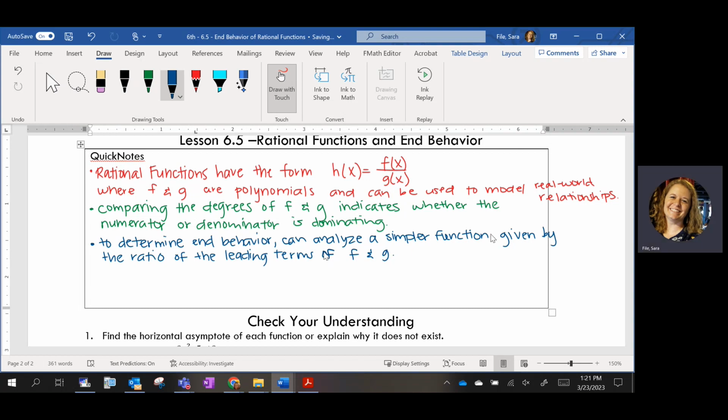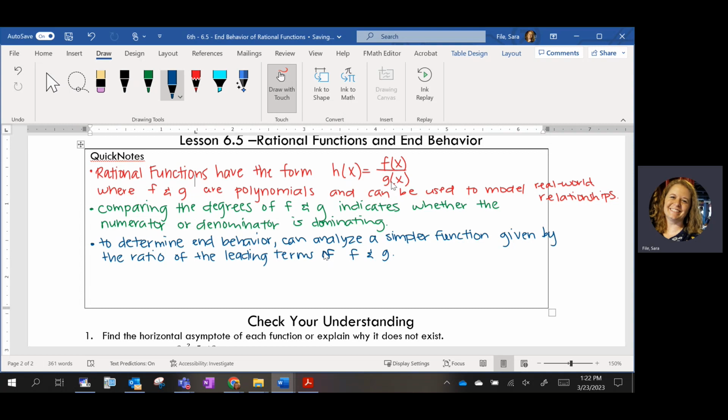Okay, so that takes it back to what we talked about in 6.4, the leading term test for polynomials. We're looking at, is it even or odd degree, and is it a positive or negative coefficient? So what this is saying is that for a rational function, we can simplify this down, just focusing on the leading terms.